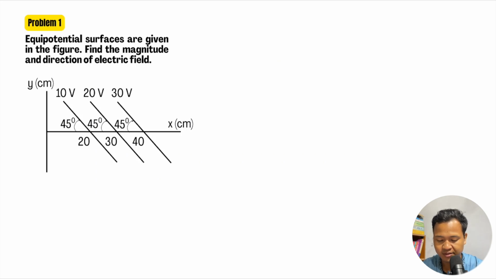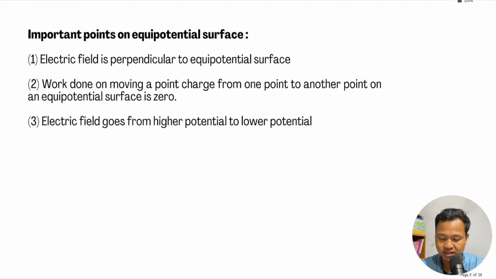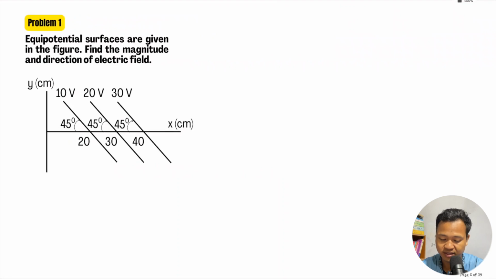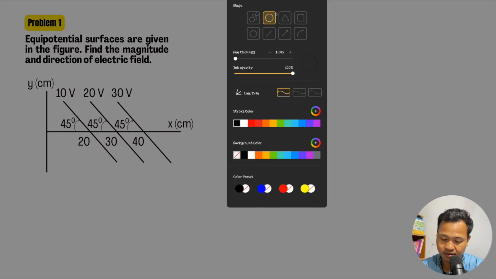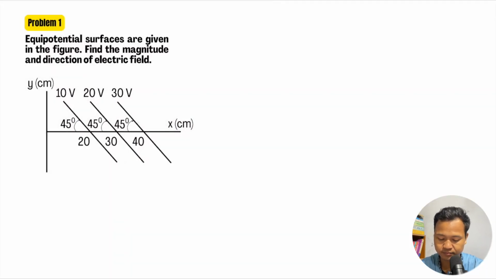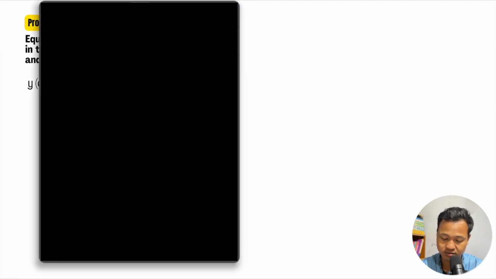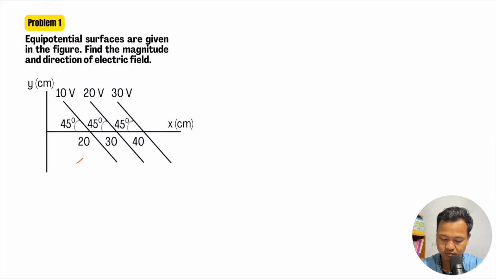Electric field goes from higher potential to lower potential. Electric field is always perpendicular to equipotential surface. So here I will draw a straight line, perpendicular to the equipotential surface.